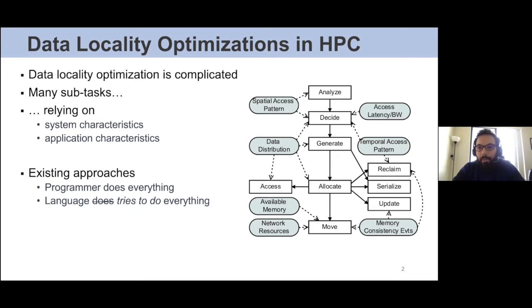But in practice, this is a really difficult task for the language stack to do automatically. I said this before, but I'll be mainly focusing on aggregated communication as a data locality optimization in this talk. There are many other things, but I believe that's the most important, that is the gap between shared memory programming and distributed memory programming.